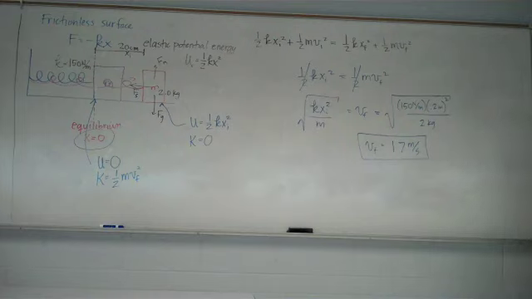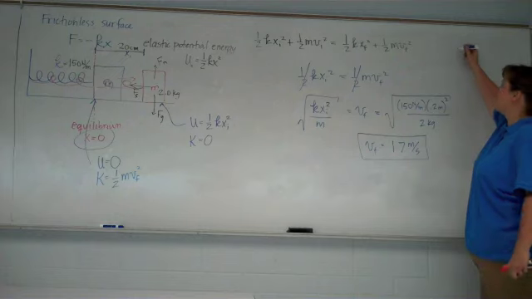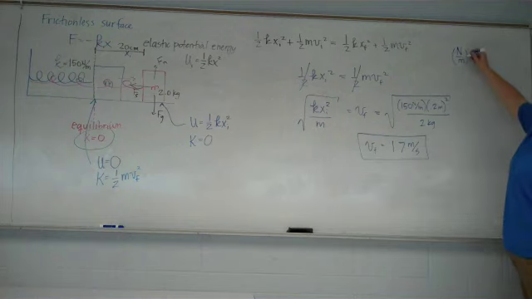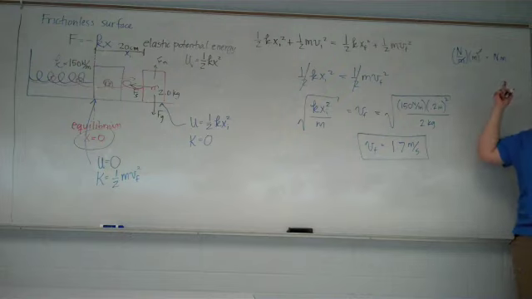One other side note really fast. Units of energy. For example, 1/2 kx squared. The k has units of newtons per meter. x will have units of meters, but x is squared. This meter cancels with one of those, and we get newtons times meter. If we look at kinetic energy, 1/2 mv squared, we get newtons times meter.